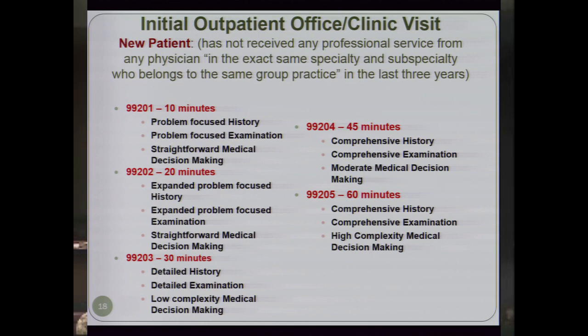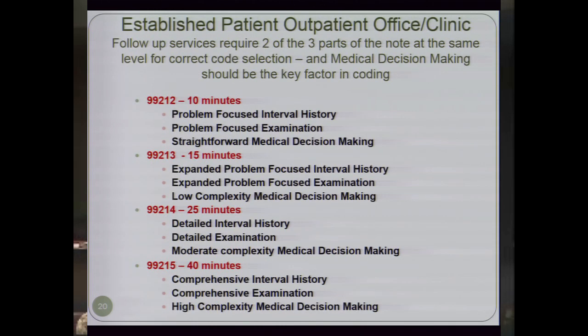Okay? When it comes to established patients, I either have to have history or exam at the same level as medical decision making. And I am very much focused on making sure that you understand that your electronic medical record, if you have all the bells and whistles filled in, will make every single visit a level 4, when the medical decision making may not be.